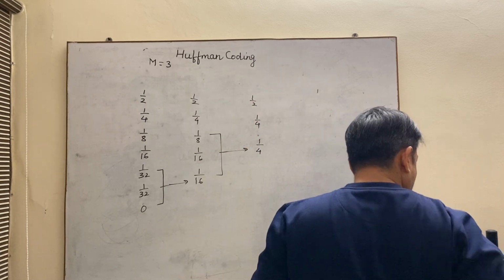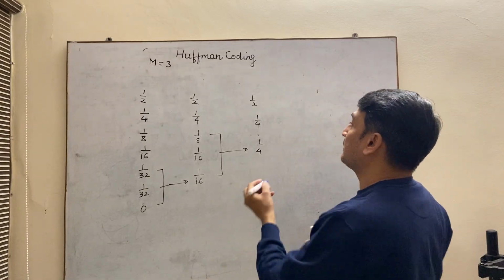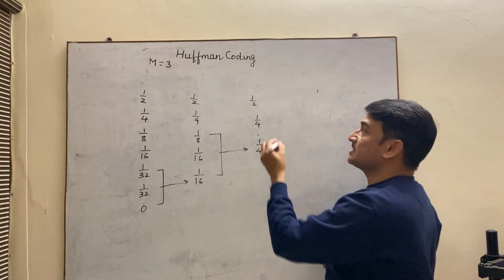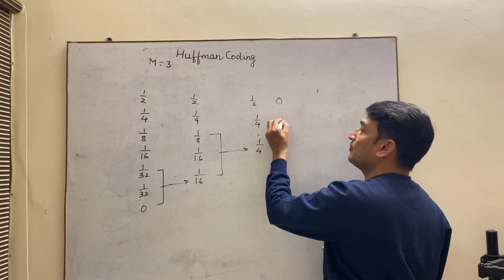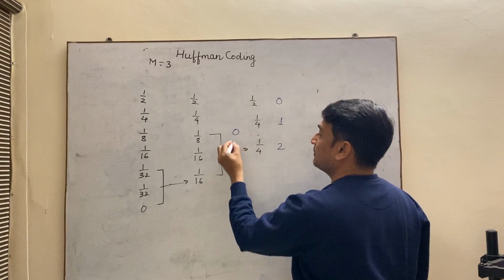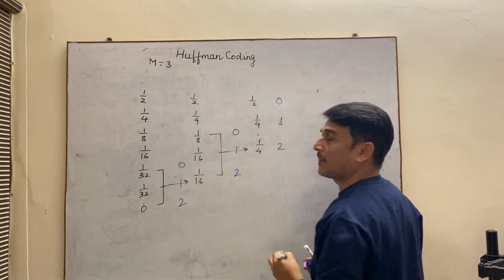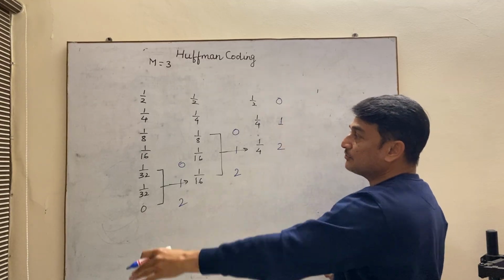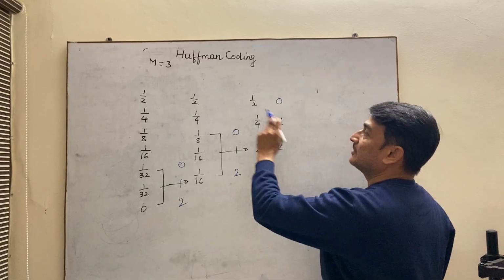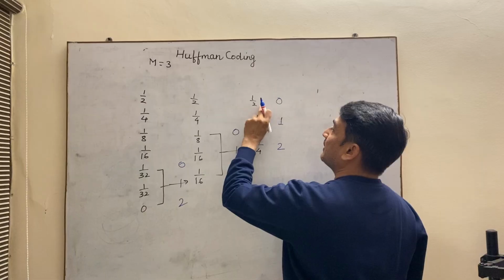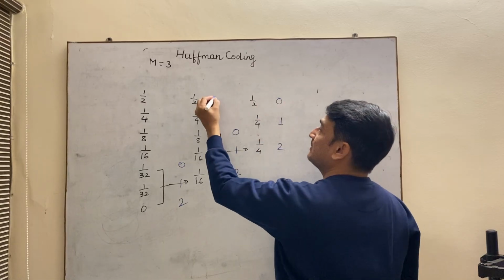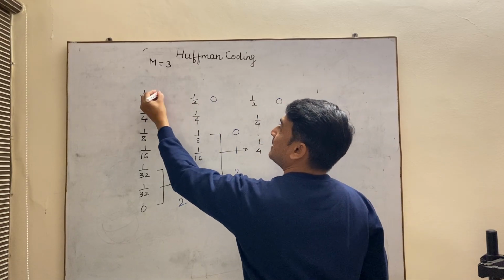You just need to now give the codes, 3 different codes, 0, 1, 2, 0, 1, 2, 0, 1, 2. 3 different symbols to the bottommost 3 values. Now the next column, 1/2 is having code 0.